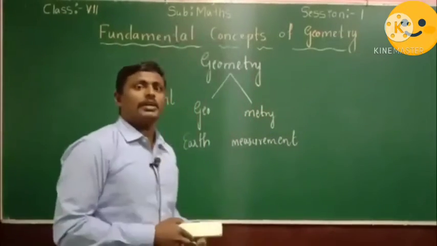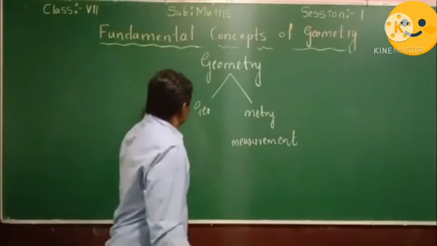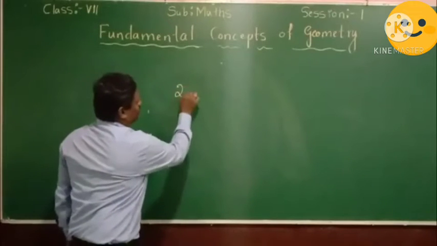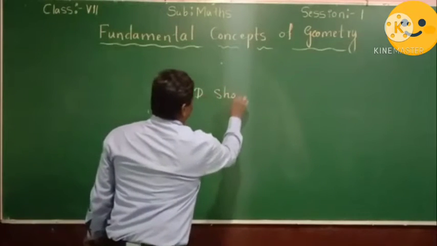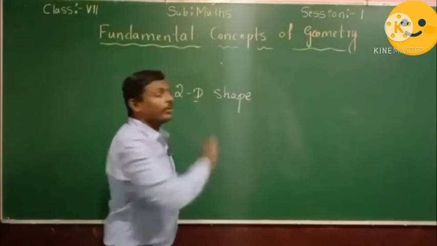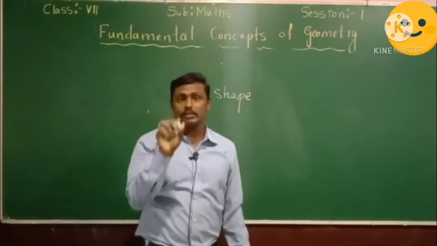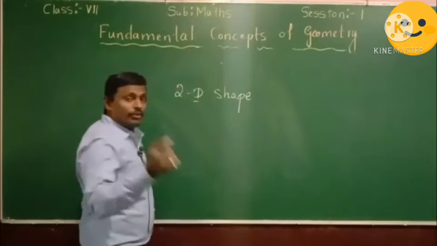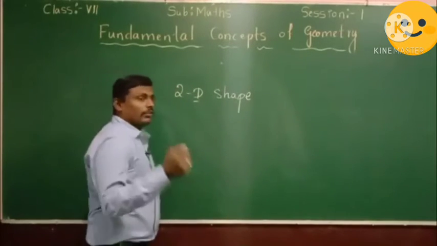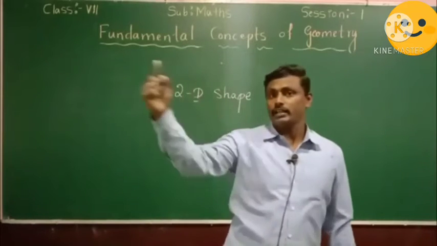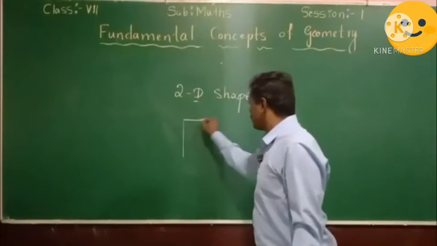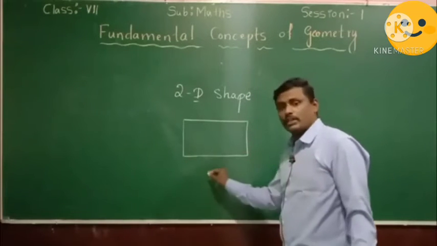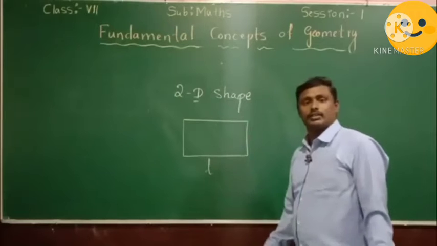But what do you mean by 2D and 3D shapes? Come to the first one, 2D shapes. D means dimensions. A figure which has two dimensions. What are the two dimensions? Length and breadth. For example, here you are observing this shape, which is a rectangle.